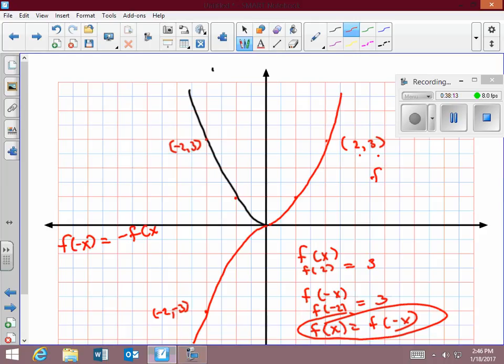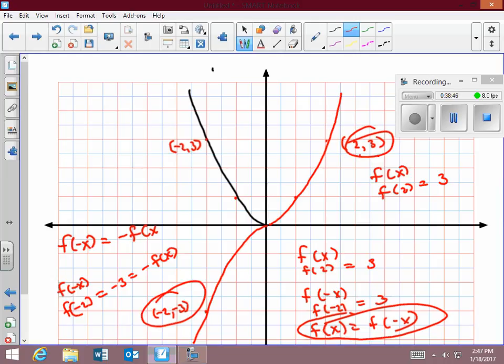You see, f of x, when x is 2, is equal to what? 3. When I do f of minus x, f of minus 2, it equals minus 3, that is minus f of x. These two points are symmetric to the origin. This point and this point is symmetric to the y-axis.